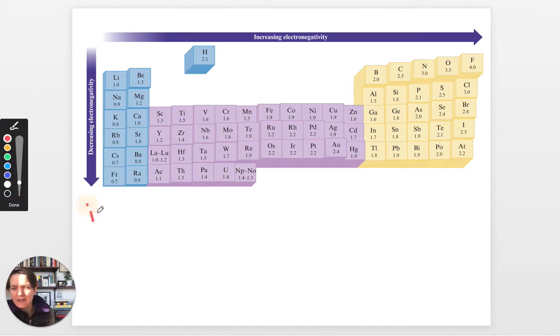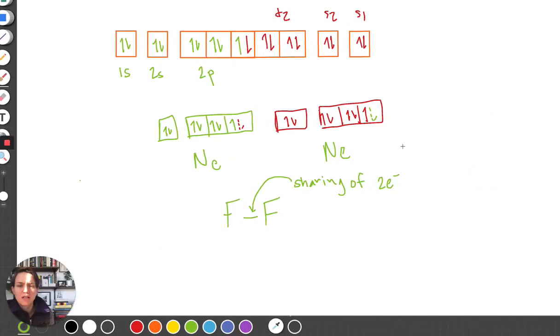We have thus far explored ionic and covalent bonding, but there's actually this intermediate as well, which is called a polar covalent bond. So before, when we were looking at our fluorine, they're identical. They have the exact same electronegativity.